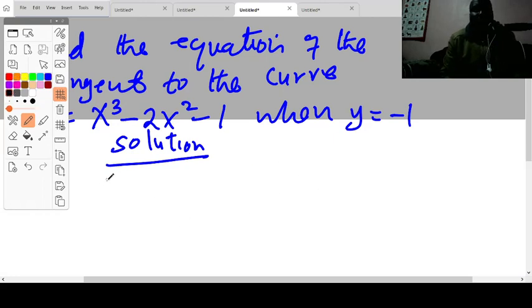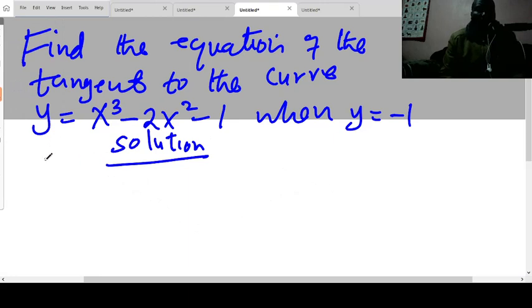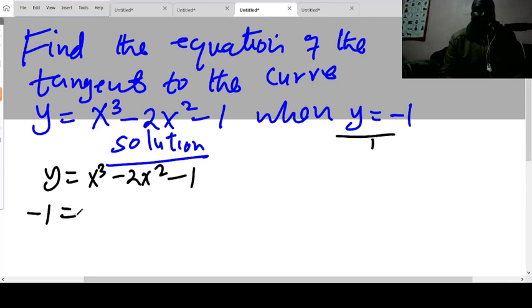So let's find the value of x. But y is equal to x cubed minus 2x squared minus 1, and y is equal to -1. So we substitute here: -1 is equal to x cubed minus 2x squared minus 1. Like terms together, so this one comes here and 0 remains here.